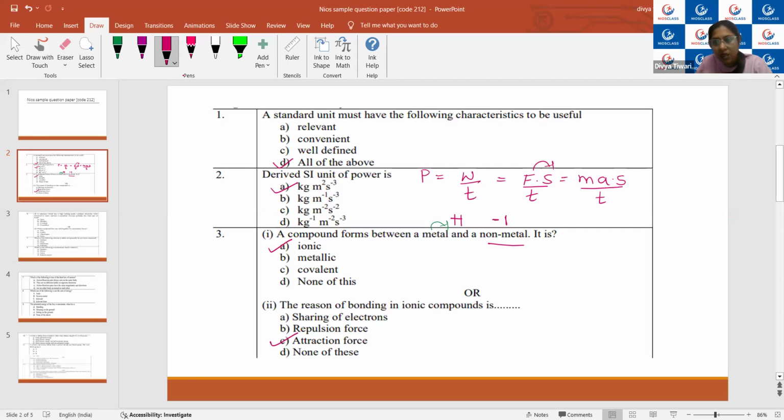Because of this opposite attraction, ionic compounds are formed. So we will mark C as the answer. I'll take a simple example: sodium has a plus one valency and chlorine has a minus one. There will be an attraction between the two, and that is how NaCl is formed. So this is because of the attraction between the two.